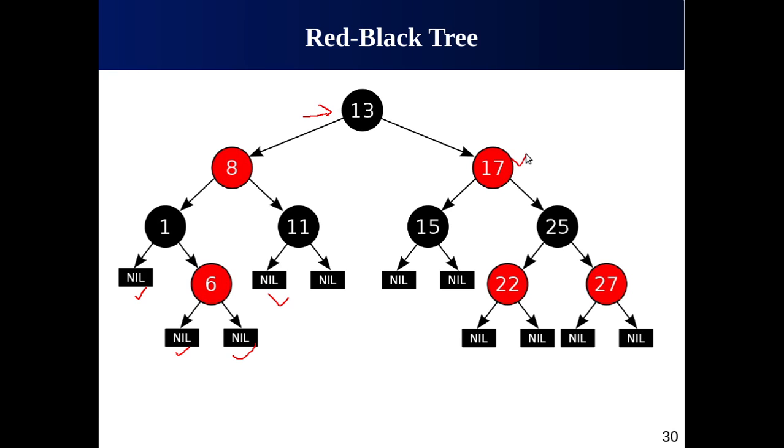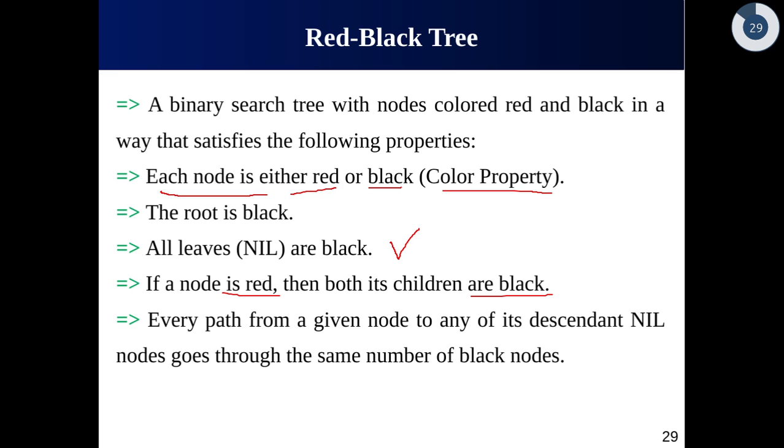If a node is red, both the children should be black, the internal property. And then we have the depth property. Every path from a given node, for example V, to any nil must go through the same number of black nodes. For that we will need traversing of the tree, but we will not go into the details. So this is a general example of a red black tree, with some of the properties we have just seen.